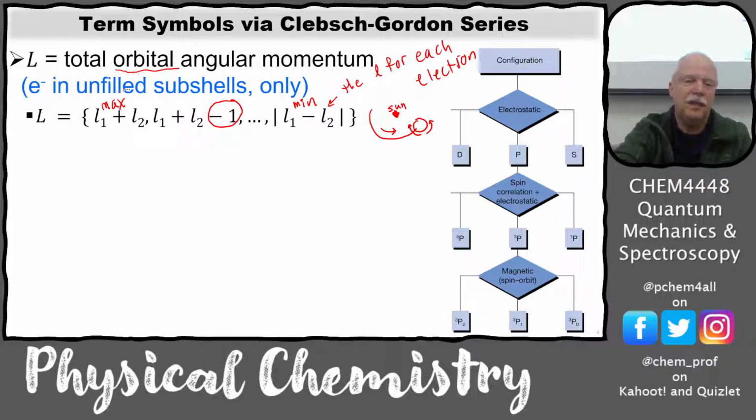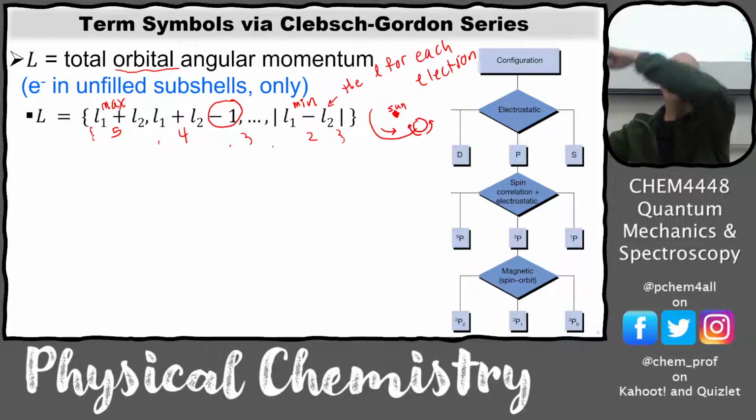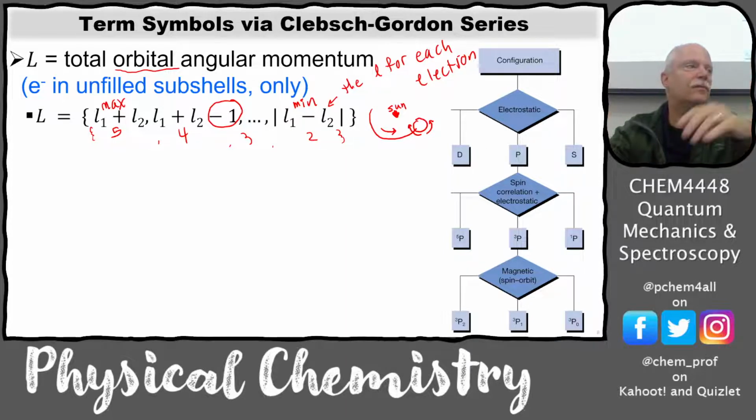So let's just say the max is 5 and the min is 2, then it's 5, 4, 3, 2. So that's the full set. Does that make sense? You find the max, you find the min, and then you drop down an integer from max to min and fill out the whole set. So in those curly brackets, that's a set of values for the capital L.